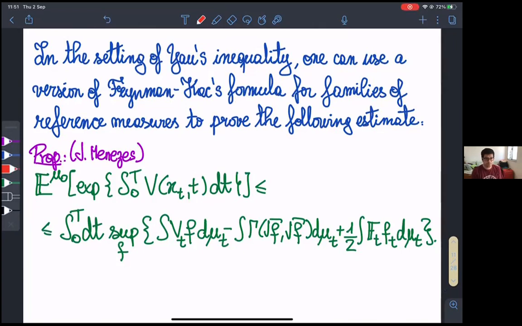Okay, so we propose the following replacement for this inequality. So now, in the context of Gauss inequality, we have these reference measures mu t, and now we don't need to start our process with the invariant measure.